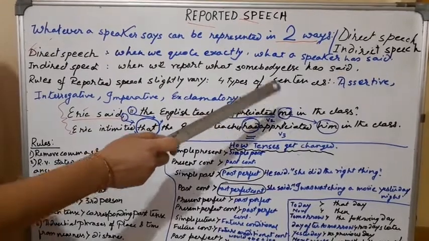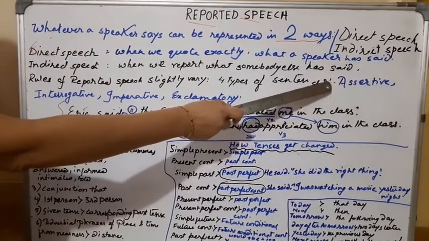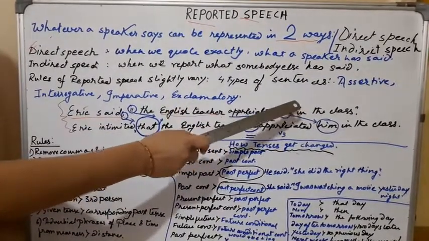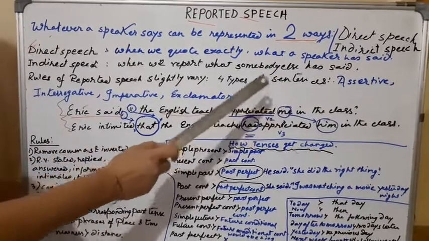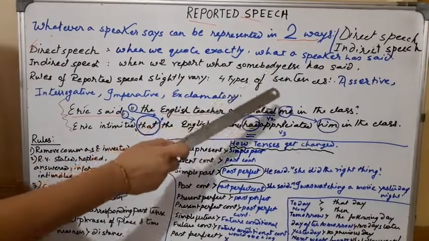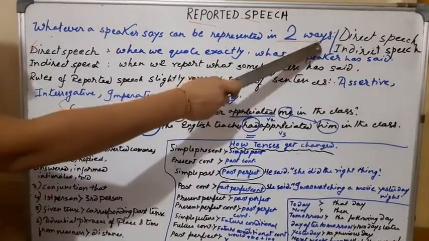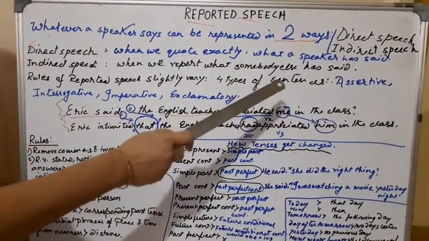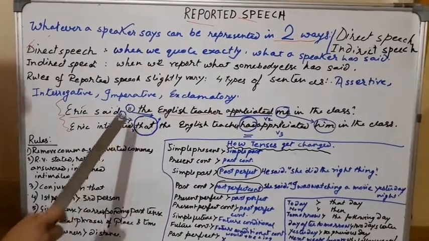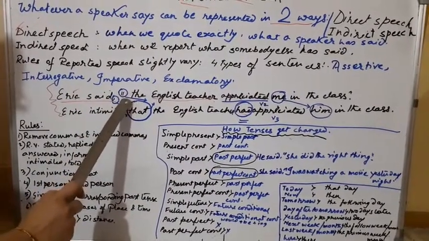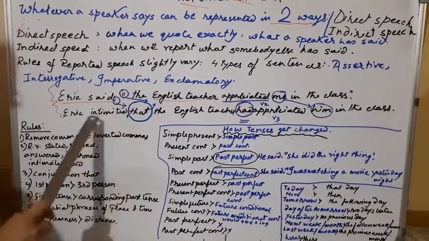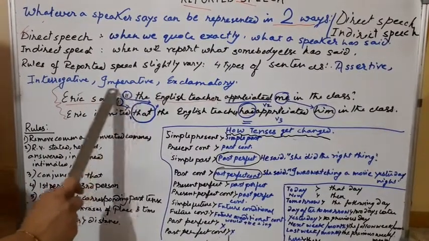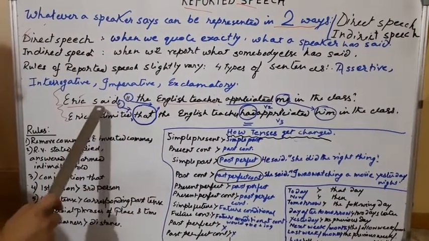Assertive means the declarative sentence, right? Declarative means declaration of simple opinion. Fine. So how we will change from direct to indirect speech the assertive sentence? See, just you focus on this, the structure, the morphology, the structure of this sentence, the direct speech.